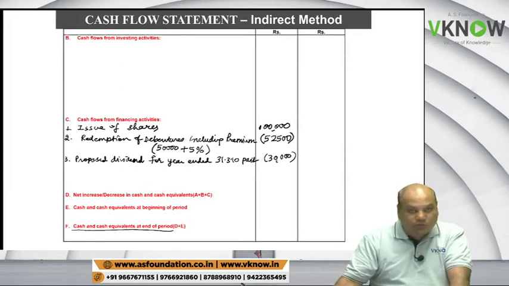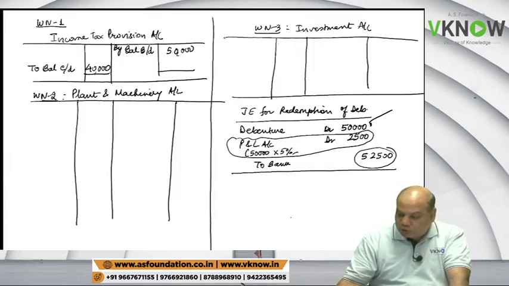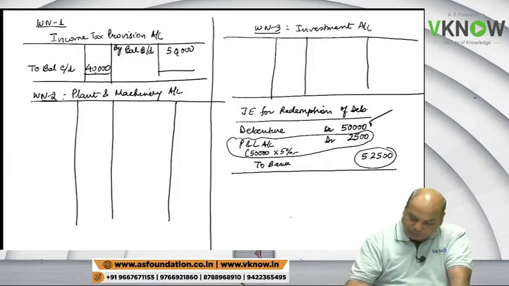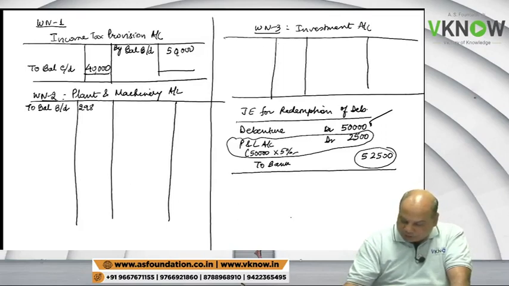So we are solving question number 10. Keep the notes in front of you to understand. Now the next is plant and machinery. So here I will go to a working note 2. Working note 2. To balance brought down 2,98,000.